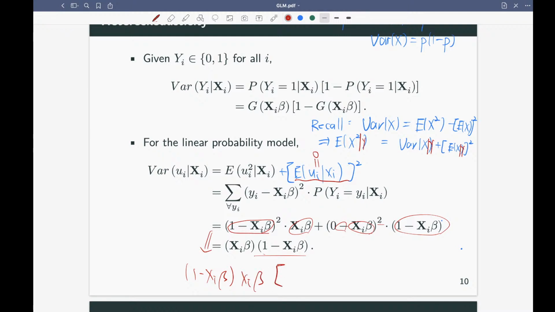Okay, in the first term we can have this term, which is equal to y minus x beta. Second, we have the square x_i beta.